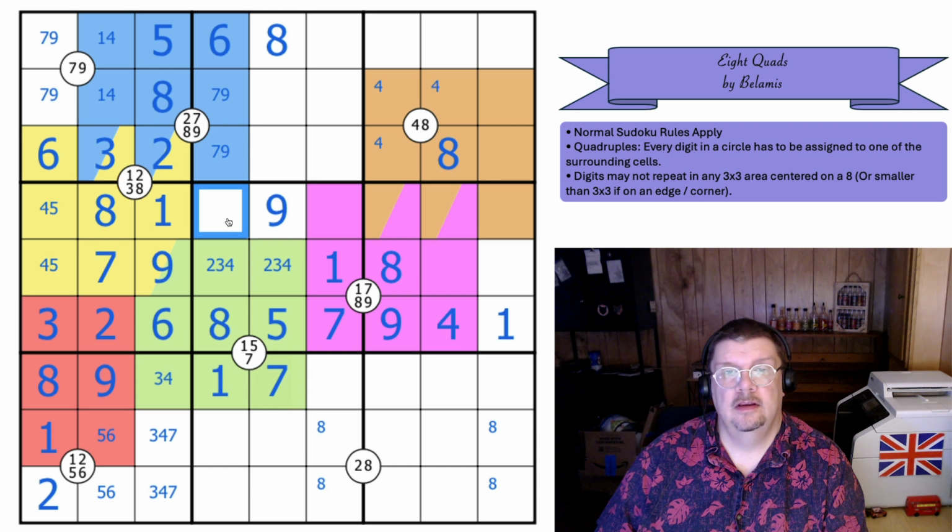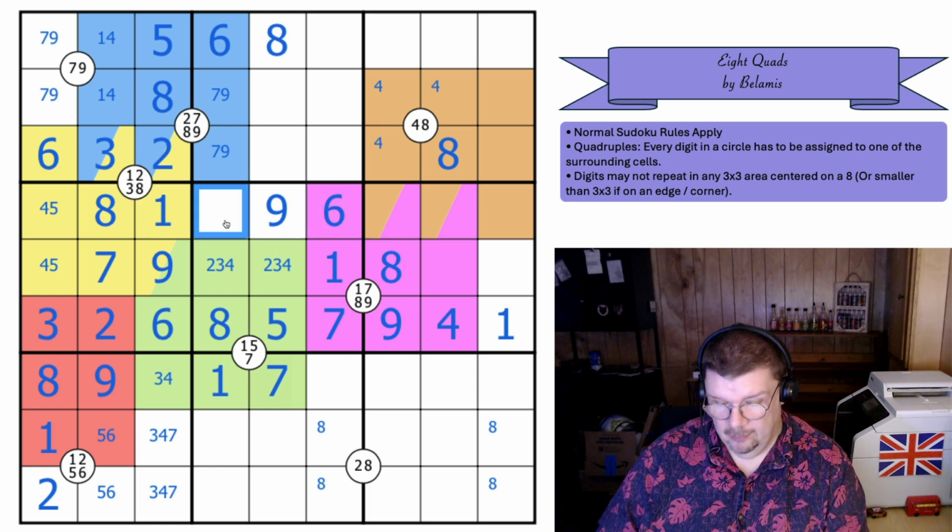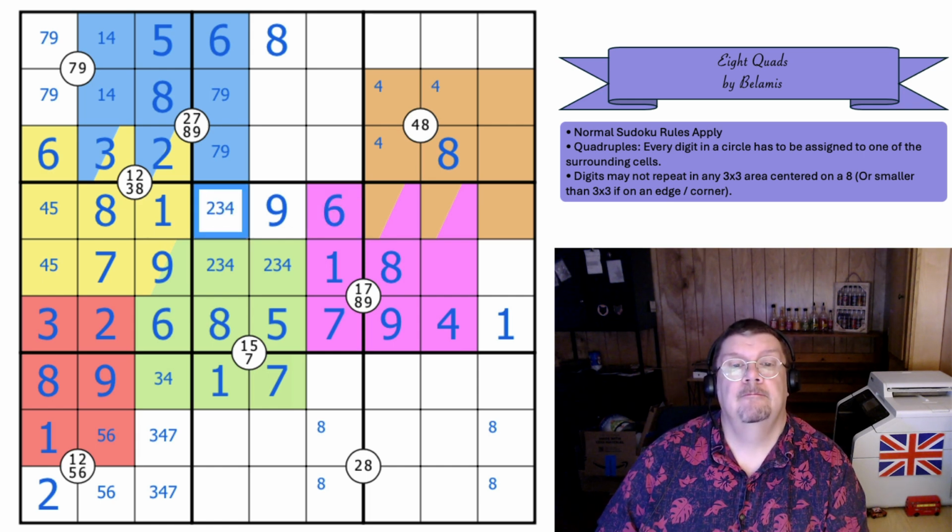This is, that's not a 6, so 6 in that box goes there, so that's a 2, 3, or 4. These three digits in pink are 2, 3, and 5.